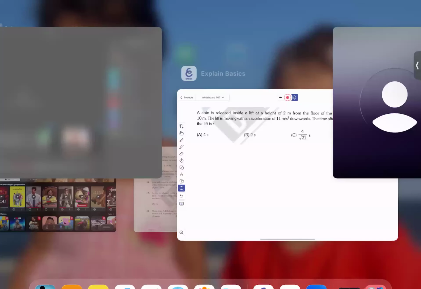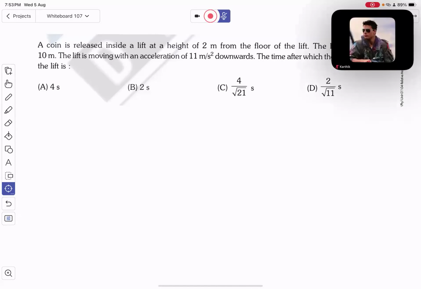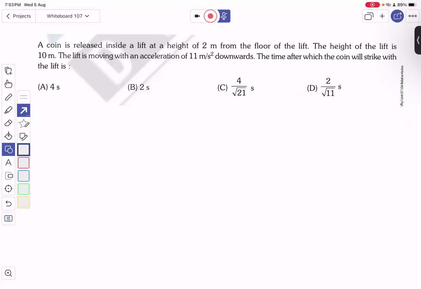Okay, I hope you have tried this question now. So since they have told us the initial velocity, the one that the coin is having with respect to the frame, it is given the coin is released.